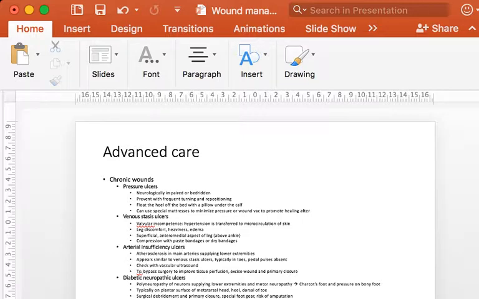Pressure is placed on areas where there wouldn't normally be pressure in certain bony areas. So we have small areas of high pressure. Typically, these are on the plantar surface of the metatarsal head, or the heel, or the dorsal area of the toe. So we need surgical debridement and primary closure of these. They can have special foot gear, but there is a risk of amputation.